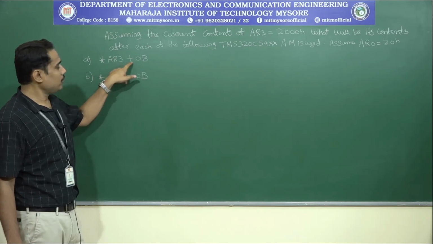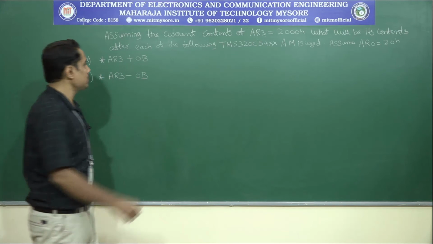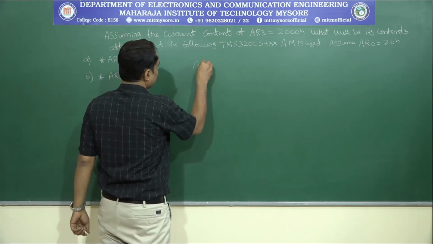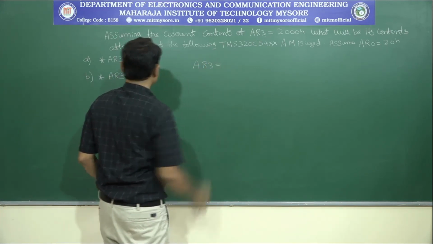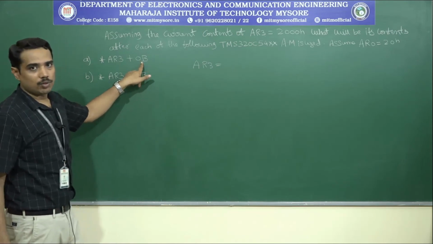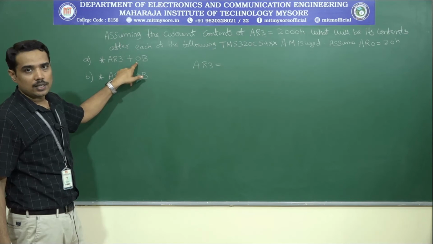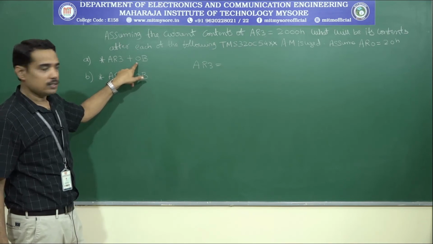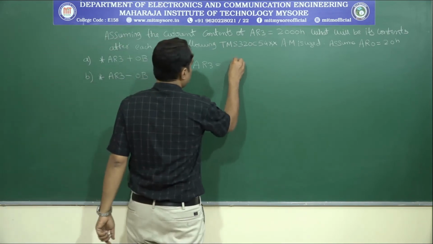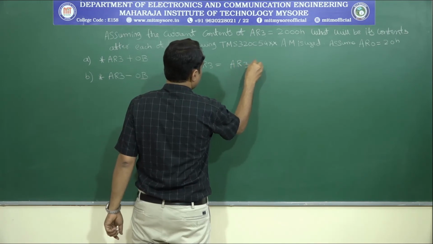Star AR3 plus 0B. That means AR3 will be equal to AR3 plus AR0 with bit reverse addressing mode. B indicates the bit reverse addressing mode and 0 indicates the auxiliary register AR0.